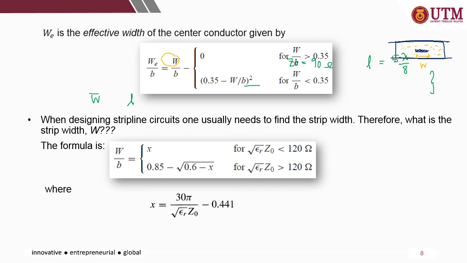The effective width can be calculated by using this equation, where B is again equal to H, the thickness of the overall structure.